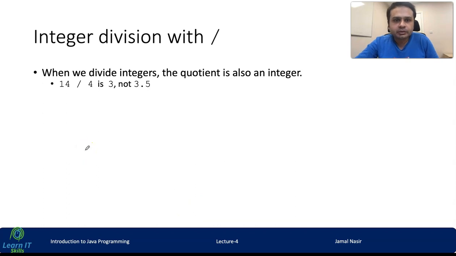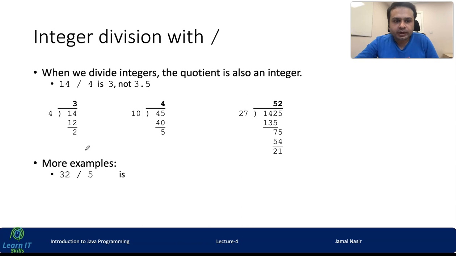Integer division. If we divide 14 by 4, the answer would be 3, not 3.5. If we are dividing integers, it will discard the remainder and only give the quotient value. So 14 divided by 4, the answer would be 3. 45 divided by 10 is 4.